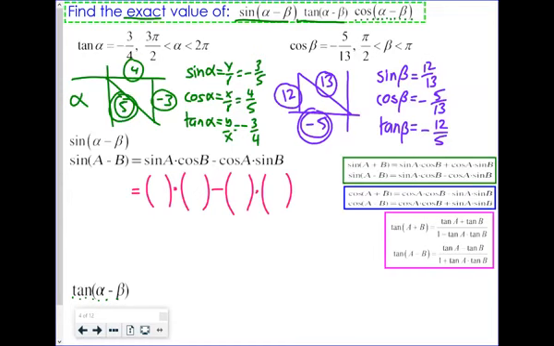So when you see a sine of alpha, you're going to replace it with this. When you see the cosine of beta, you're going to replace it with this. Then you've got minus the cosine of alpha, which was 4/5, and the sine of beta, which is 12/13. Then do the math.